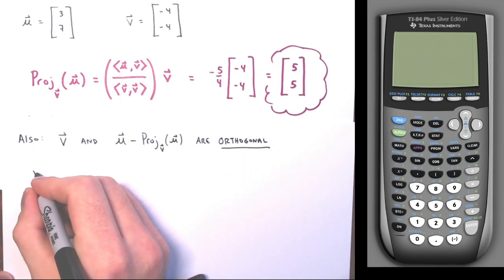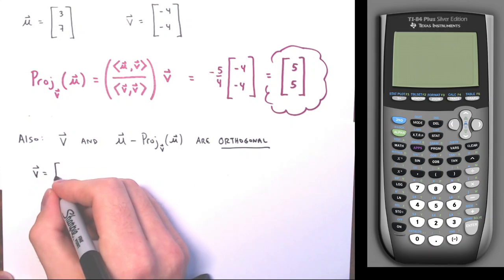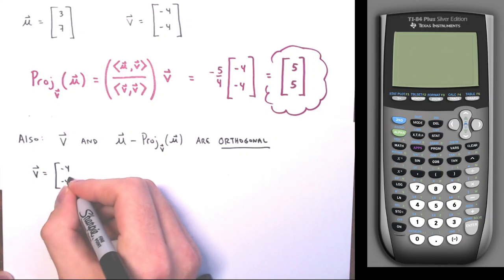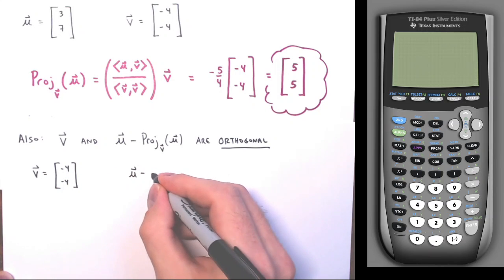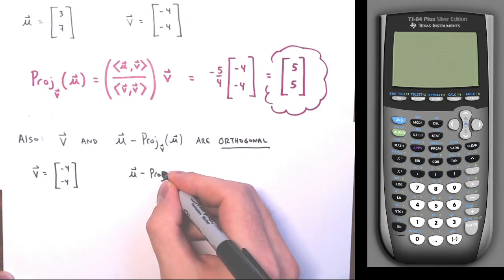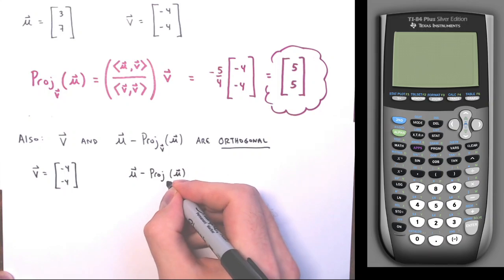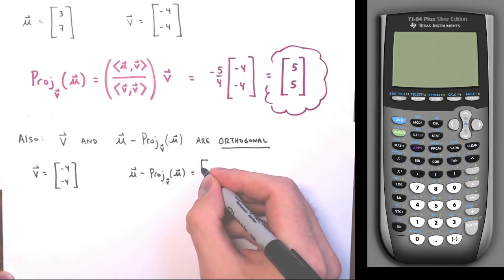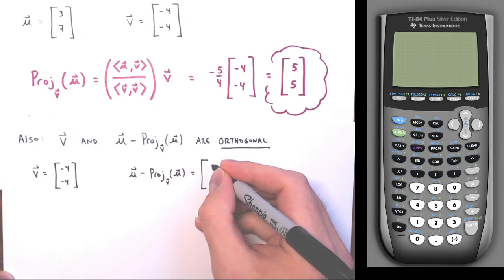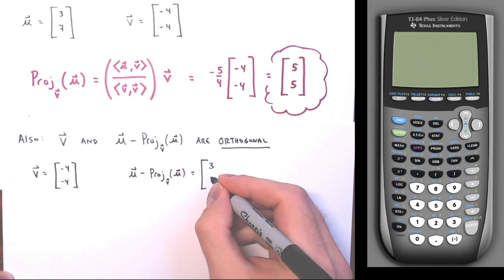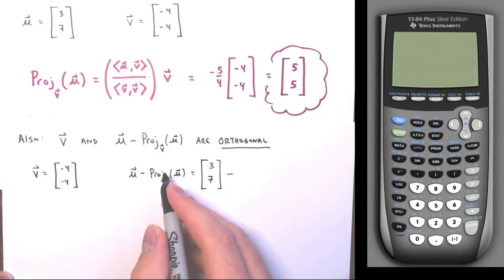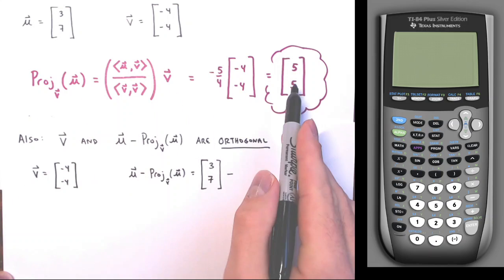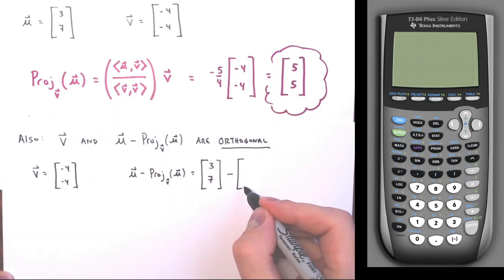So v was the vector negative 4, negative 4. The vector u minus the projection of u onto v, well, u is the vector 3, 7, minus, and then we saw the projection of u onto v was this 5, 5.